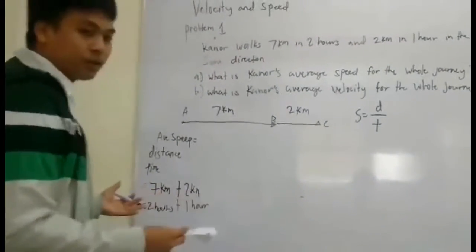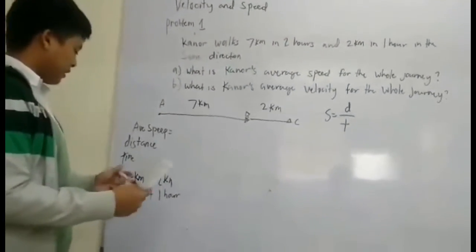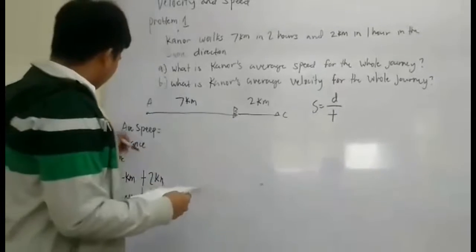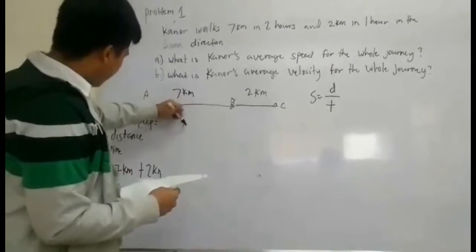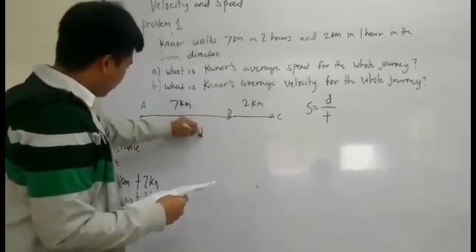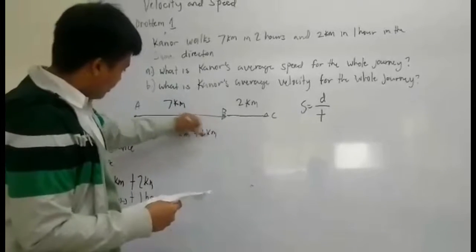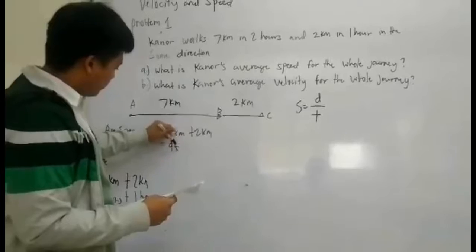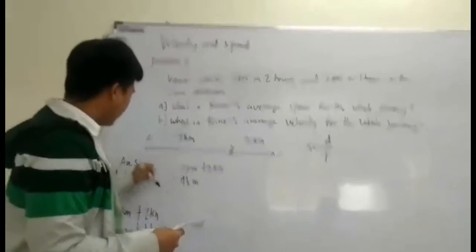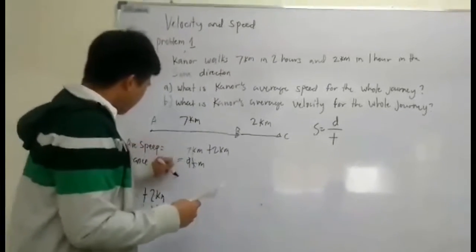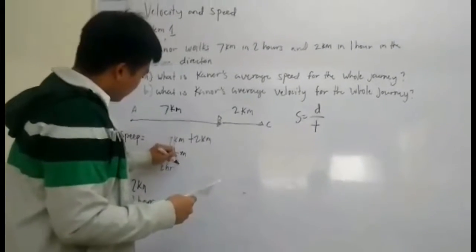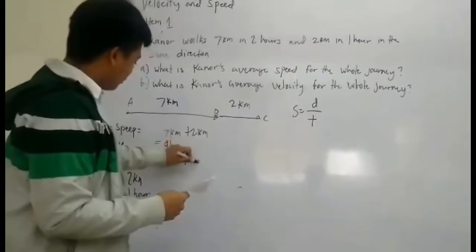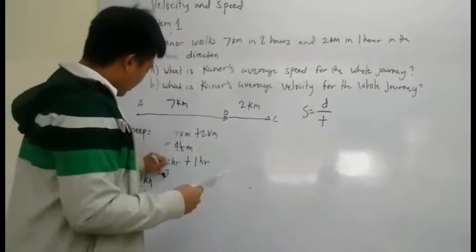So now we compute the average distance and time. 7 kilometers plus 2 kilometers is equal to 9 kilometers. Next one is 2 hours plus 1 hour equals 3 hours.